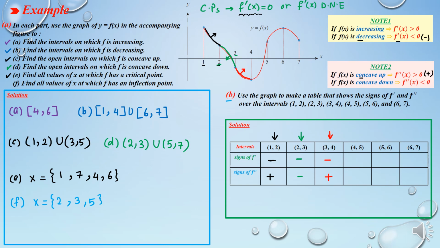In the next interval from 4 to 5, the function is increasing, which means that f prime is positive, greater than 0. And the function in this interval is concave up, which means f double prime is positive also.